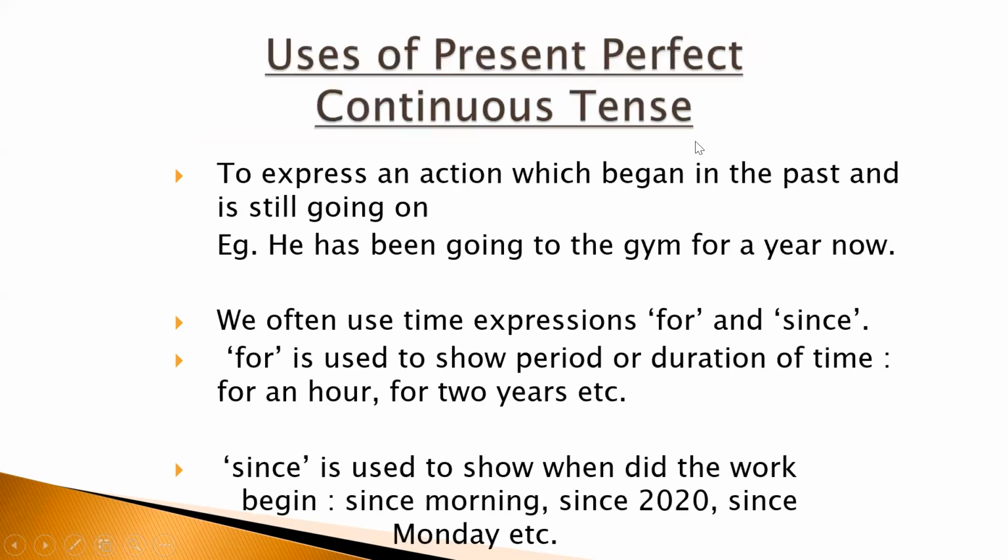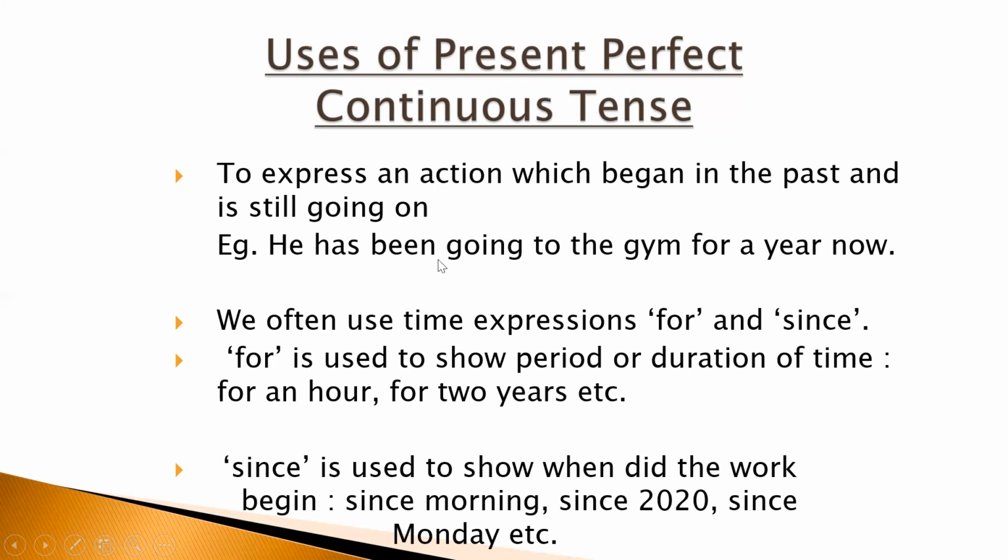Now let us see where to use present perfect continuous tense. It is used to express an action that began in the past but is still going on. And here we have to show the duration also, that when did it start or for how long it went on. Like he has been going to the gym for a year now.